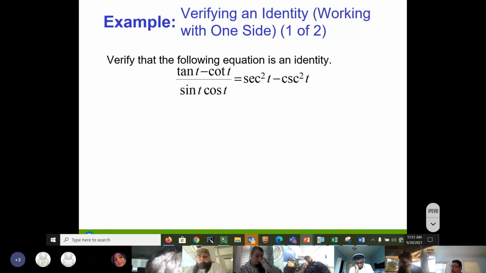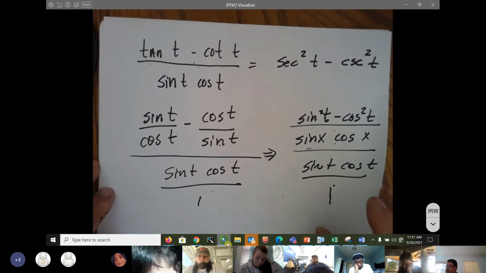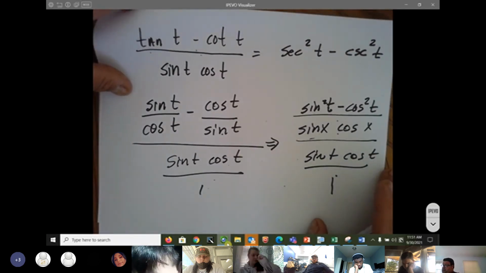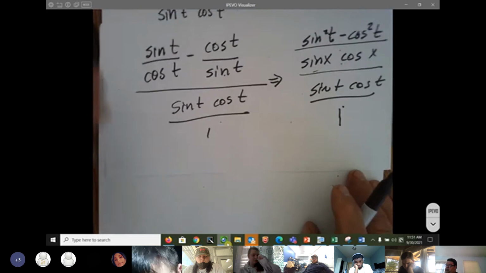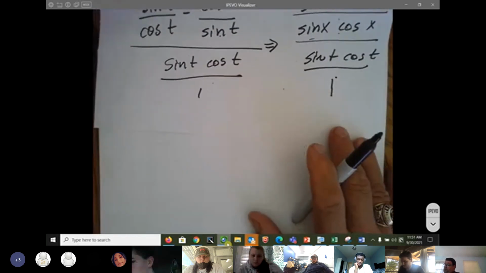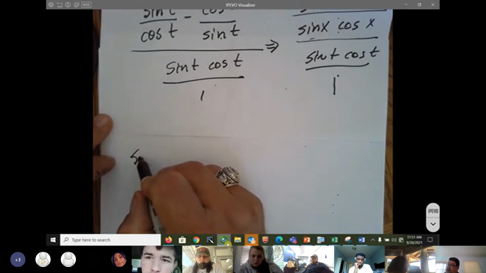And what do you do when you divide by a fraction? You multiply by the reciprocal. Yeah, that's right. I don't know if I'm heading to a dead end on this or not. So that's going to be sine squared.